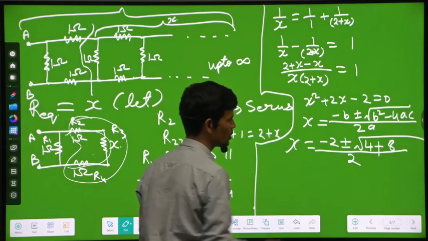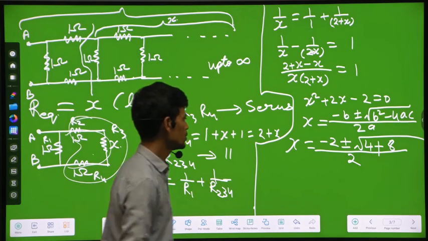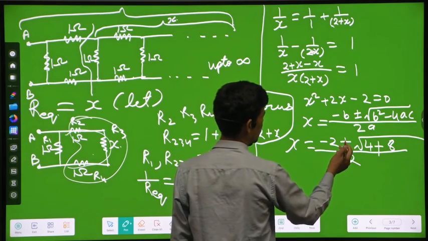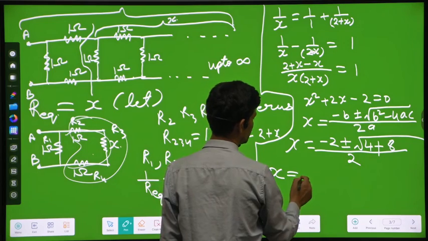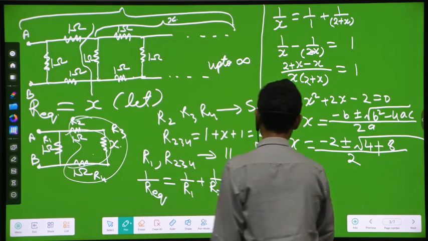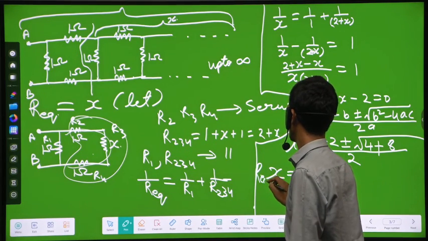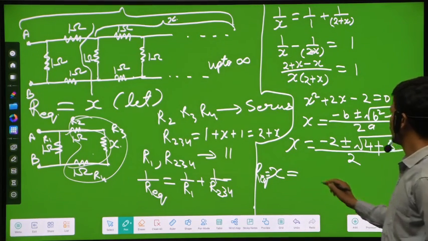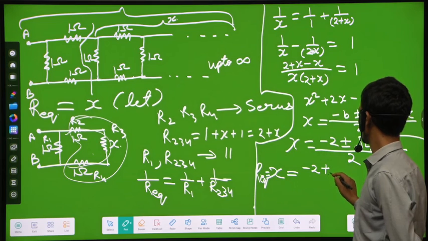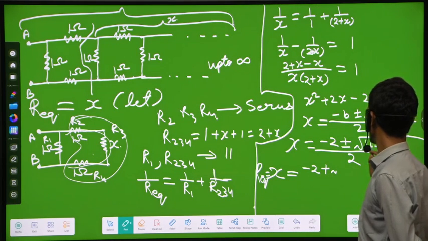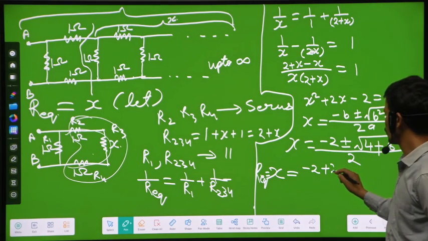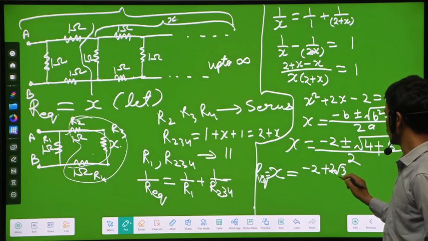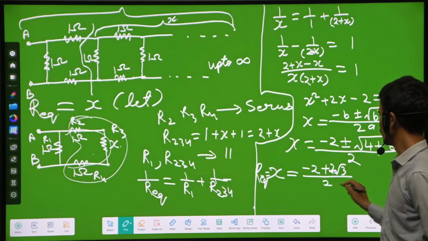We will not entertain the negative sign. x is our answer, our equivalent. So that will be minus 2 plus root 12, root 12 means 2 root 3, divided by 2.